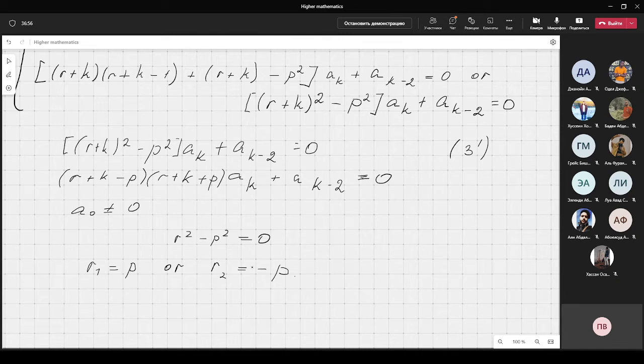Let us first consider the solution for r1 equals p greater than 0.